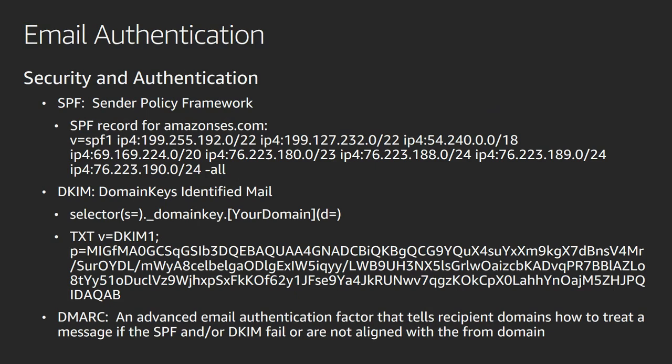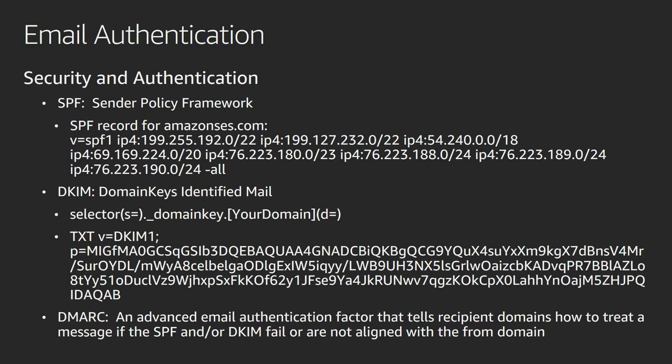With all the email that we send and all the email that anybody sends, and we'll use Amazon SES as the example, you have to have some level of confidence that the email is coming from that source. And so there are two main security and authentication policies out there. First one is SPF, the Sender Policy Framework. Basically that's just a DNS record that identifies sources that you are permitting to send email purported to be from you.